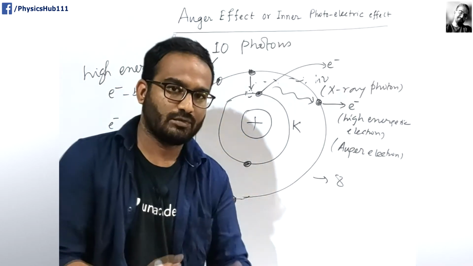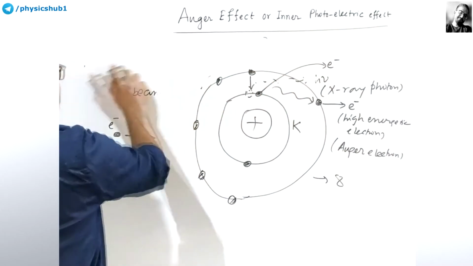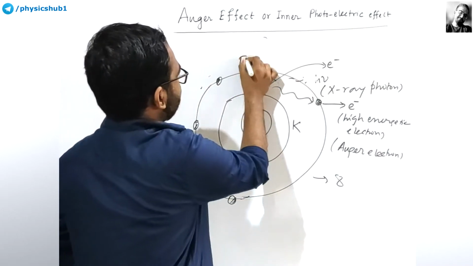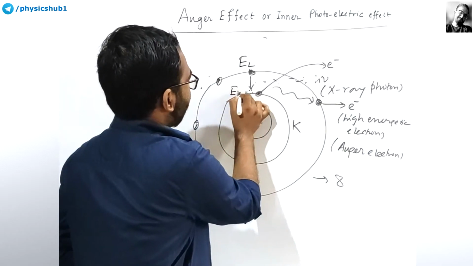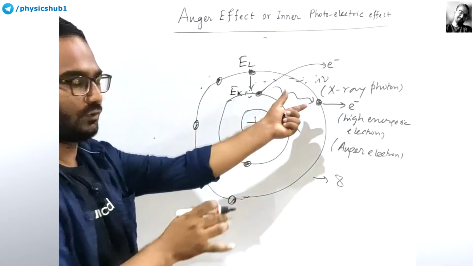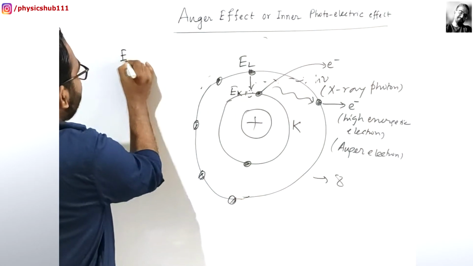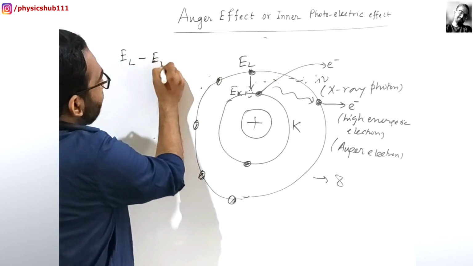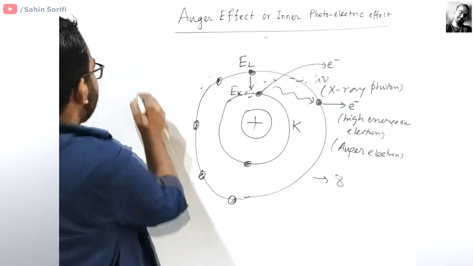Now if we talk mathematically, what can we write? If this is the energy of the L shell, EL, and this is the energy of the K shell, EK, then the emitted X-ray photon will have energy EL minus EK, or since EK is greater, we can write EK minus EL.